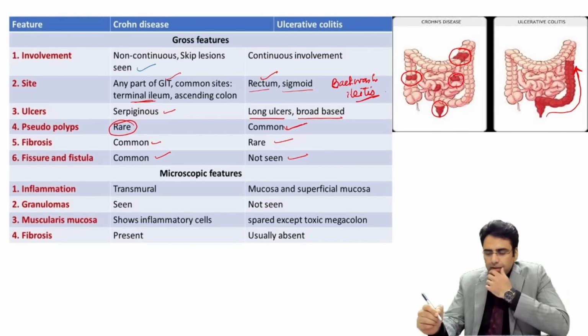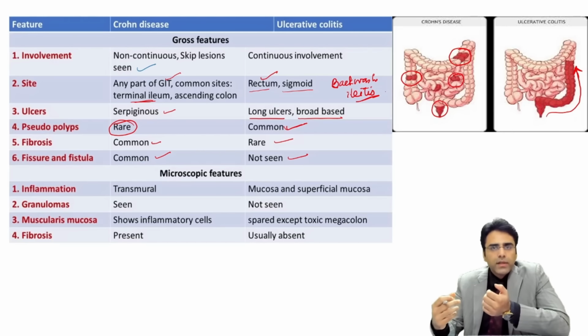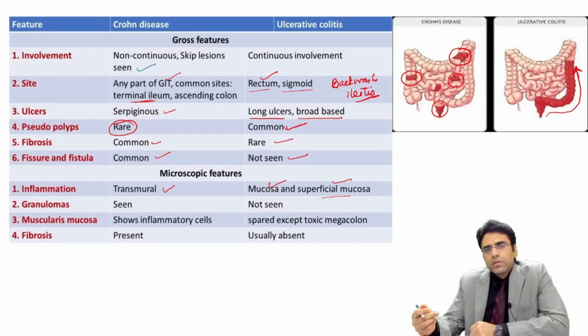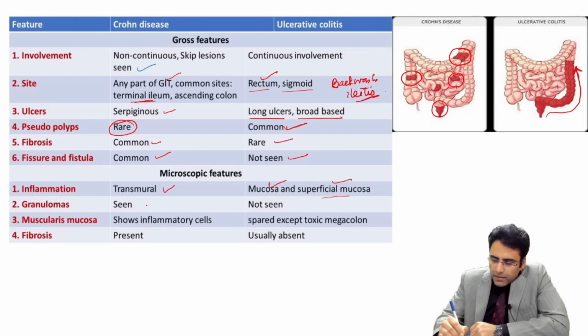If we talk about the microscopic features, the inflammation in Crohn's disease is transmural because it involves the whole thickness of the wall of the bowel. In ulcerative colitis, it mostly involves the mucosa and superficial mucosa. Granulomas are seen, and what type of granulomas?